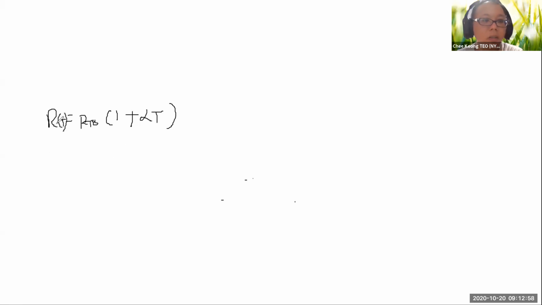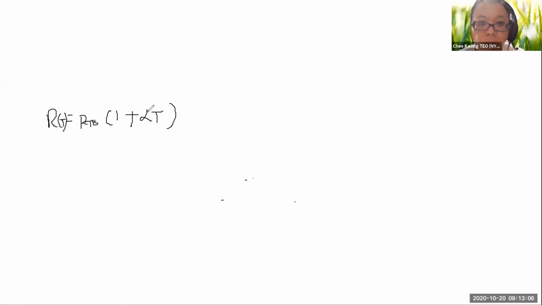Now the question for the RTD is, what is your R? R equals R0 times 1 plus alpha T. That's your R at T. This is the resistance of the RTD at R0, which is the resistance at 0 degrees, times 1 plus alpha T. What is alpha?